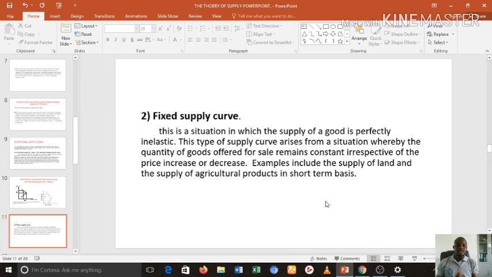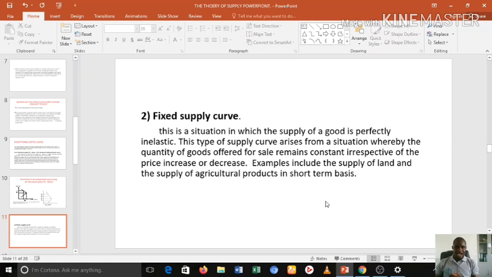I am already producing tomatoes. You understand? Because most agricultural products are what? They are perishable, right? In fact, all agricultural products that I know of are perishable products. So it simply tells us that because it's a perishable product, we cannot keep it. Whether the price is high or low, we must still supply.